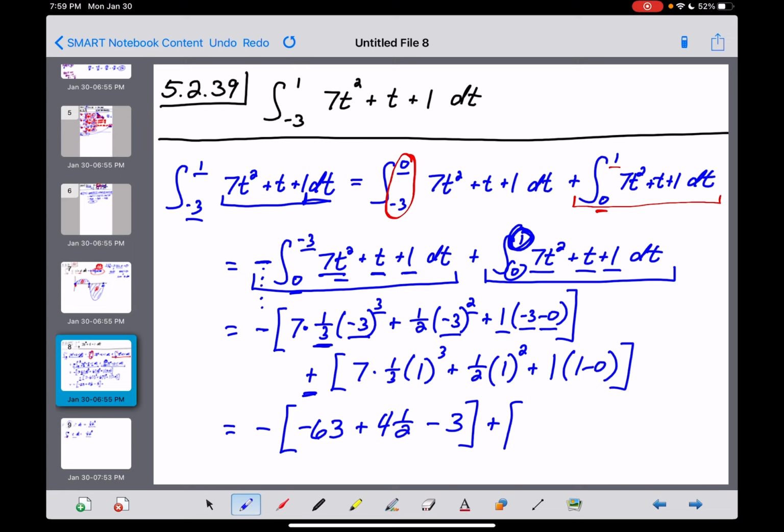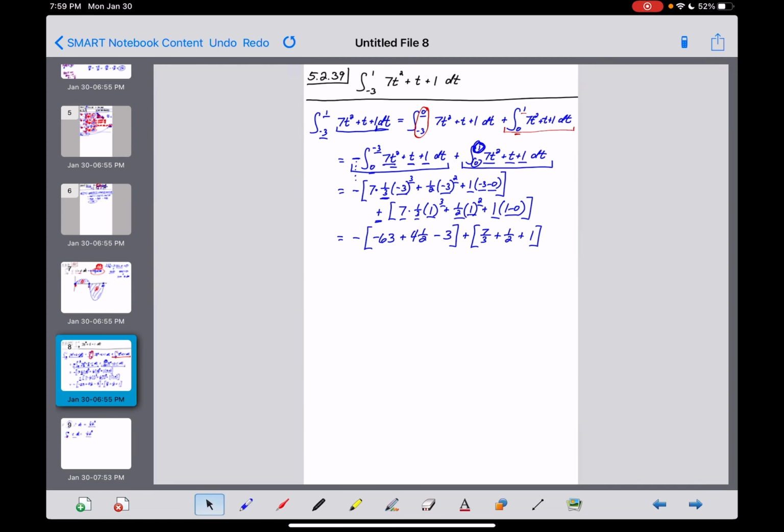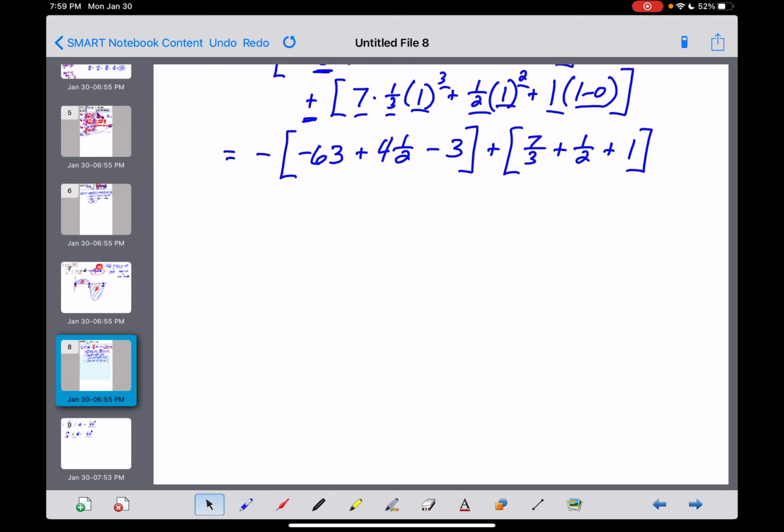Plus, let's start that second set of brackets. 1 cubed is 1 times 1/3 is 1/3 times 7, 7/3. Plus 1/2 squared is 1 times 1/2 is 1/2. And then plus 1 times 1 is 1. So boy, this is getting kind of ugly right here, but we're getting close, I think, guys, to the final answer.